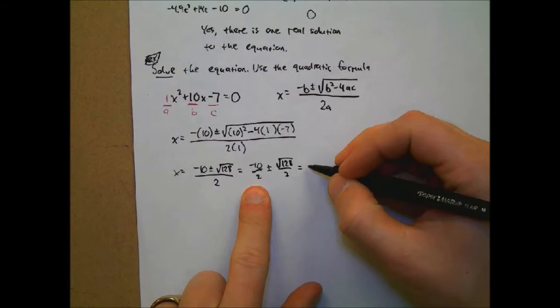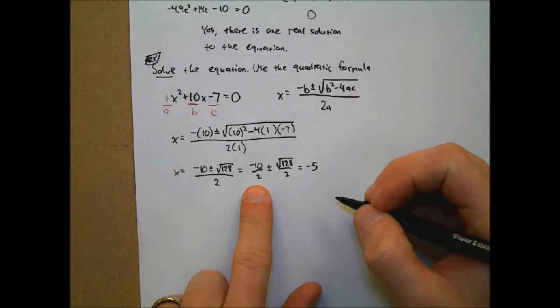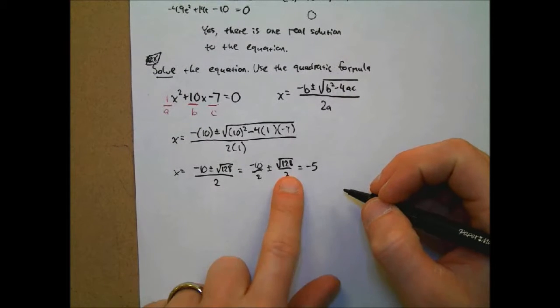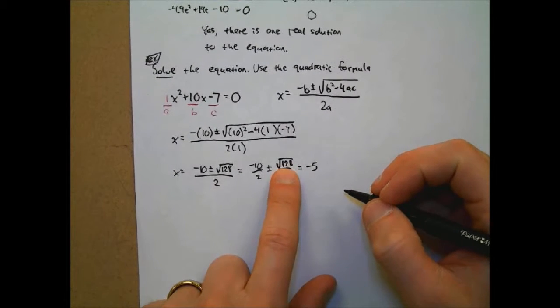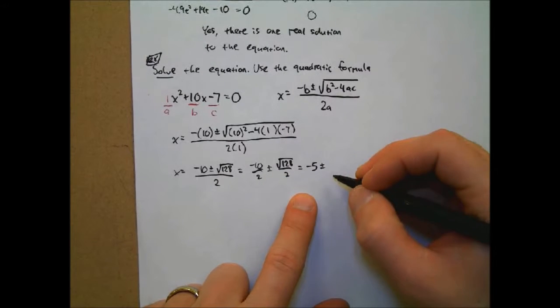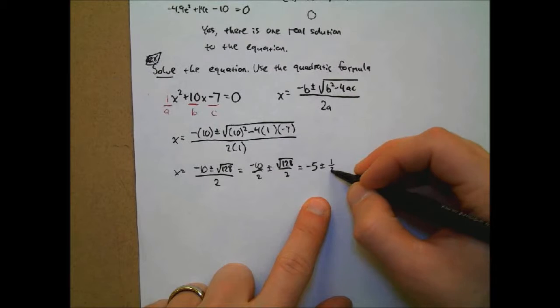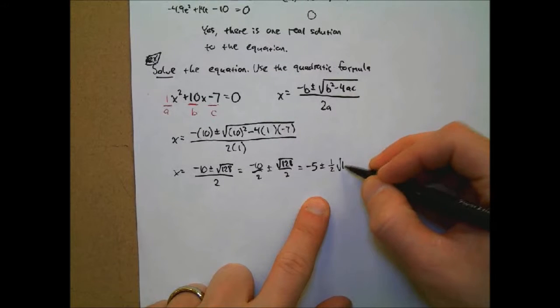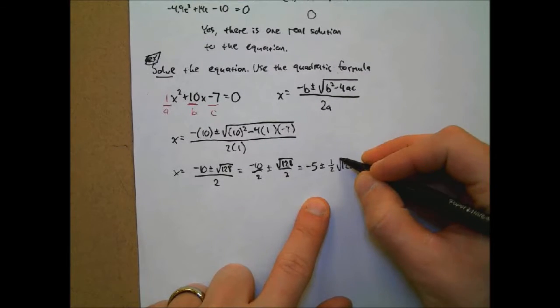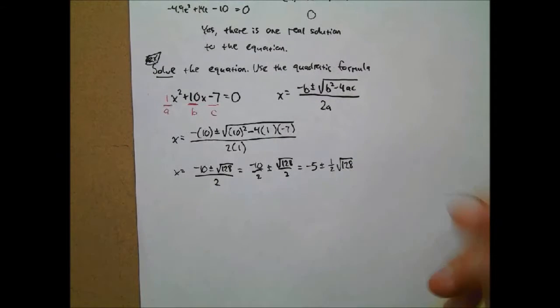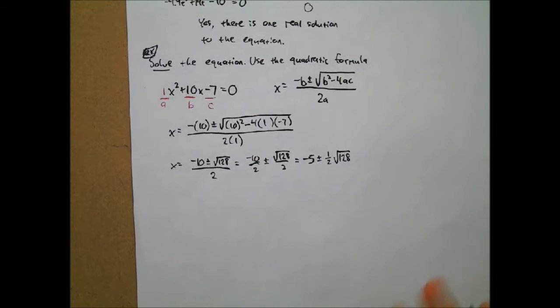And again, if you don't know that, type it in your calculator. This, well, that's a bit trickier, isn't it? I'm going to change that divide by 2 to just a 1/2. Remember, dividing something by 2 is the same as multiplying it by 1/2. And that's not that bad either.